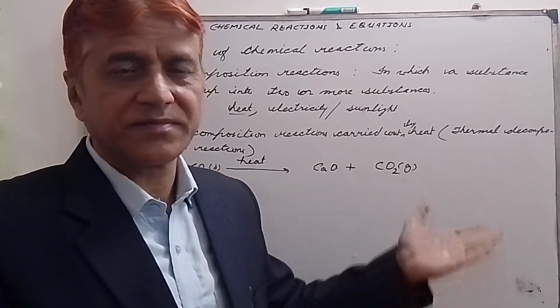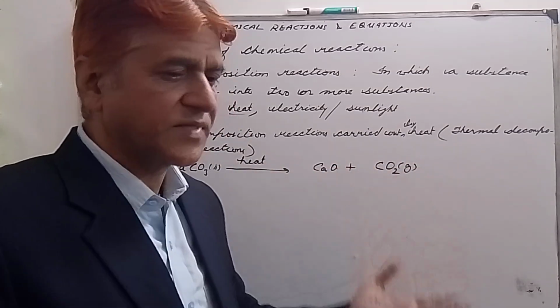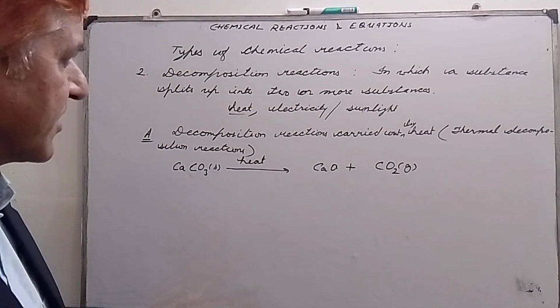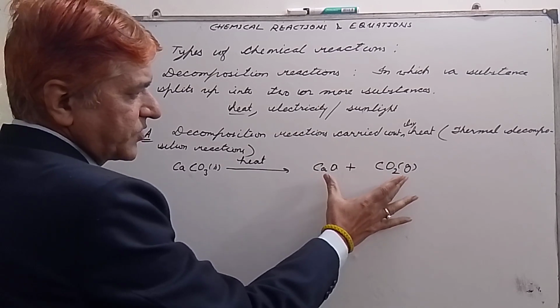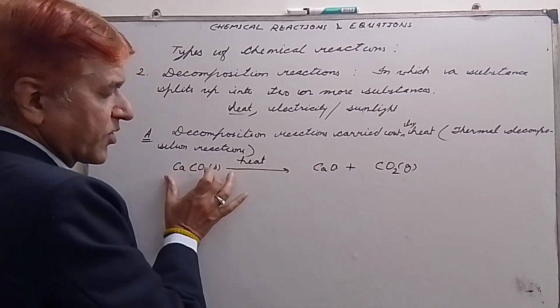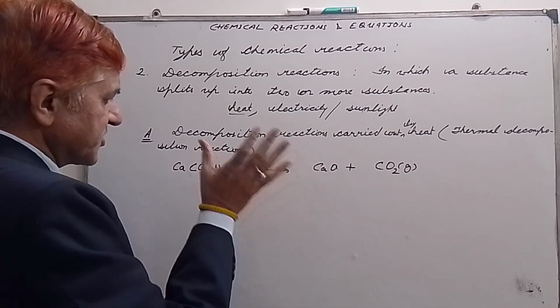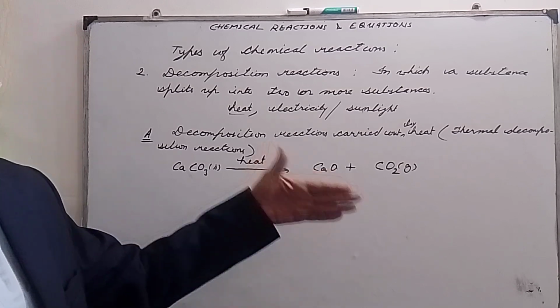That reaction is what we call a decomposition reaction. In combination reactions we had two reactants and one product, and in decomposition reaction, one reactant and two products. So it is opposite to combination reactions.